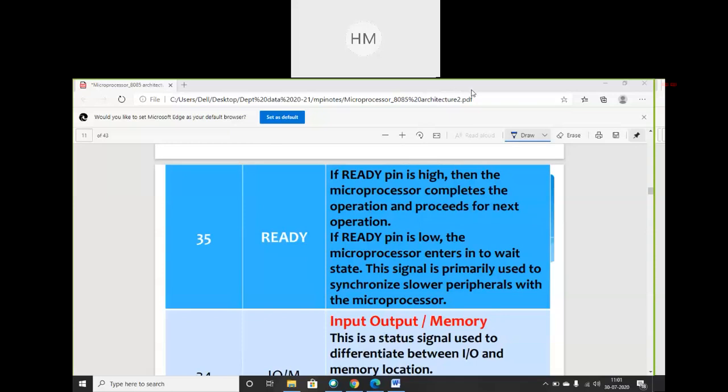I will share the notes. 43 is present. Ronak 43. Okay, students, we will stop this class and we will continue in the class after a break of 10 minutes. So we will have 2 classes today.